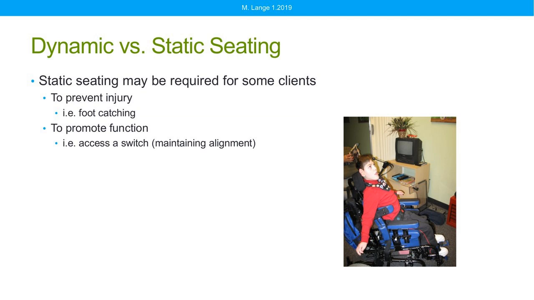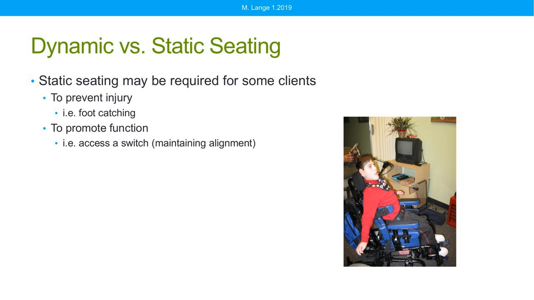Static seating is sometimes required. It might be that if there's movement at the legs, for example, that the foot might be injured, might catch on something because it's moving outward away from the body along with the dynamic seating component. It might be that the client needs to have a very stable position in order for them to be functional.